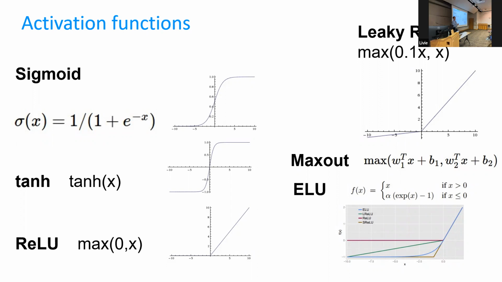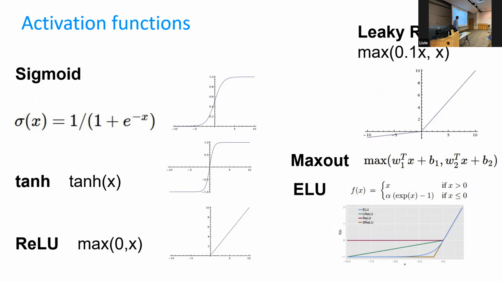Yeah. ReLU is not continuously differentiable. I was wondering if that comes in as an issue later on when trying to optimize it. Good question. So he's pointing out that ReLU is not continuously differentiable at 0, and wondering if that is a problem when training a neural network.